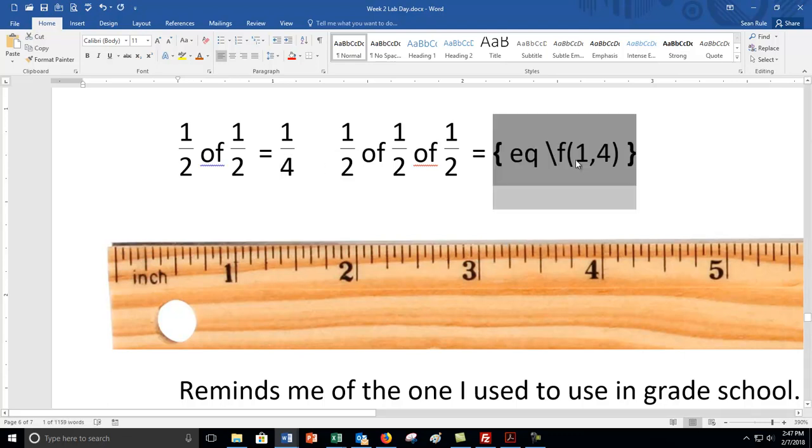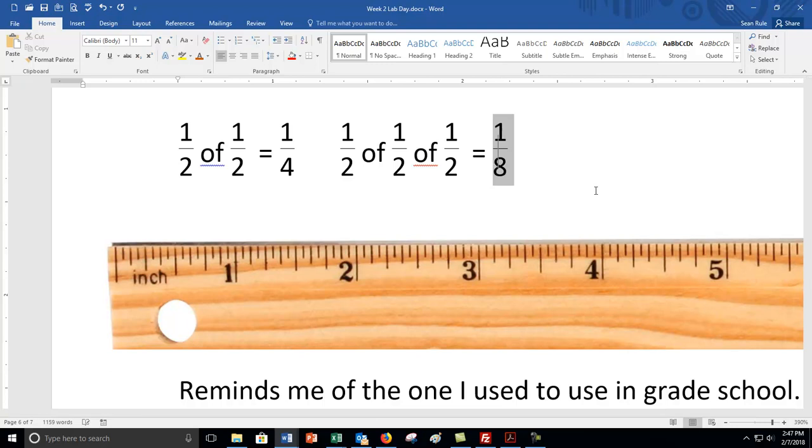Again, if you're not seeing why, make sure you go back and look at our lab from last week. We did a repeated number of these broken up versions on the circle. So here we go. We've got a half. This is a quarter. This is an eighth.